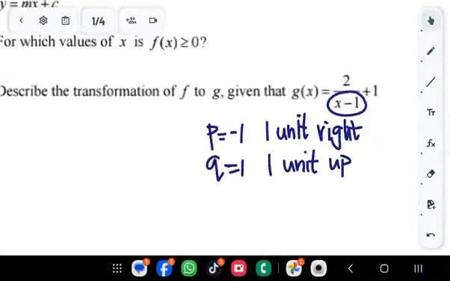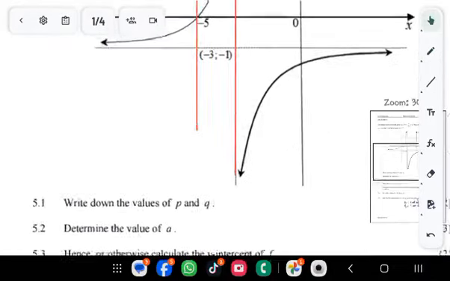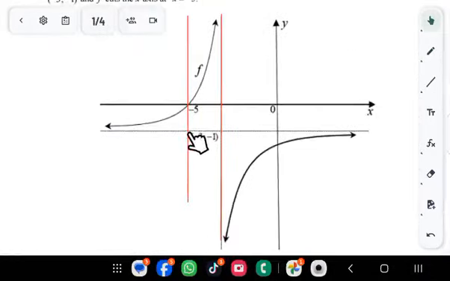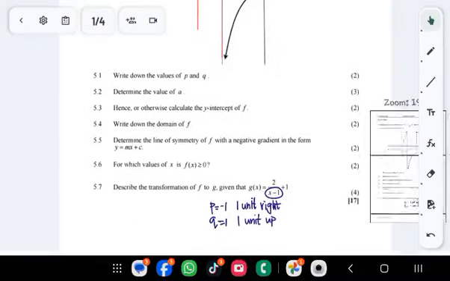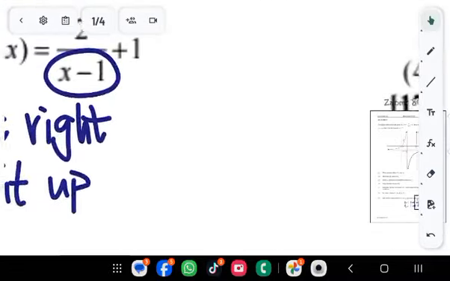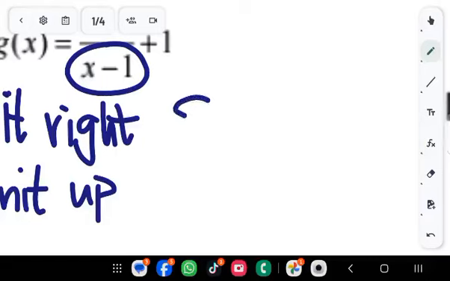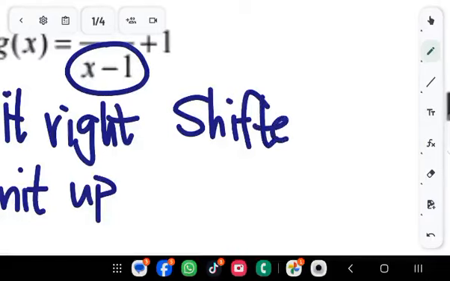But compared to this graph, it was 3 units to the left, so that means it was shifted 3 plus 1 units to the right. Therefore the graph was shifted 4 units right.